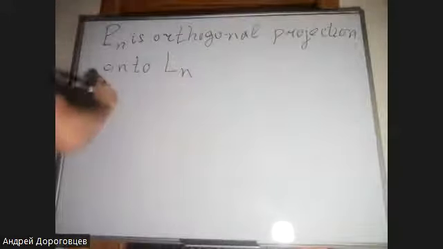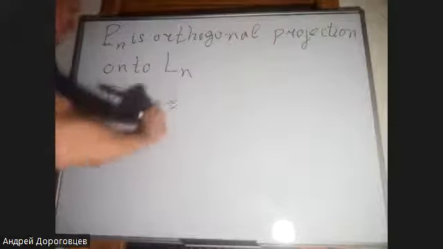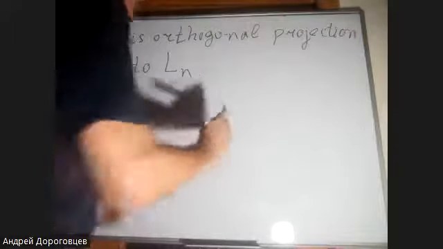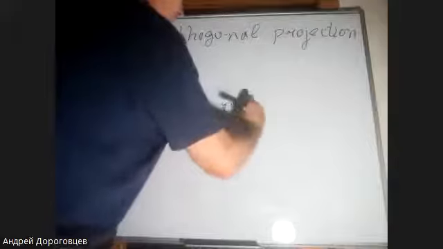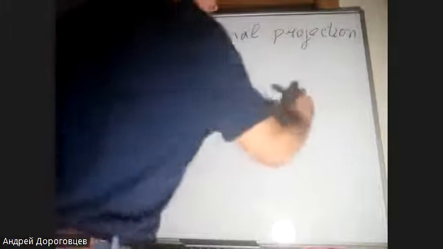I can claim the following: that P_n x tends to x when n tends to infinity, for any x which belongs to our Hilbert space.